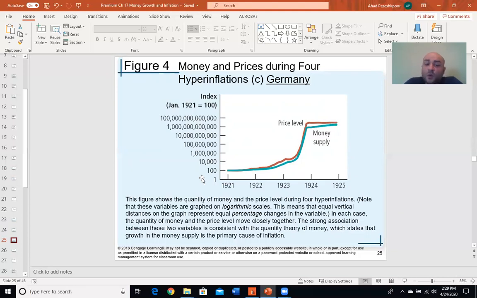This figure shows the quantity of money and the price level during four hyperinflations. Note that these variables are graphed on a logarithmic scale. Logarithmic scale means it shows how much it changes. It doesn't show you the absolute value. It shows you how much is increasing. In economics, we are more interested in the speed of change, not the absolute value, especially in macroeconomics.